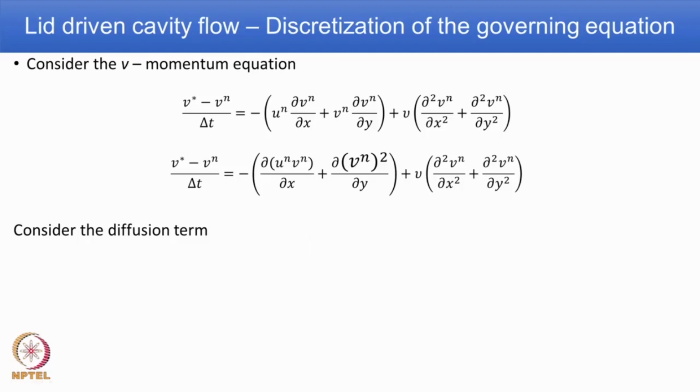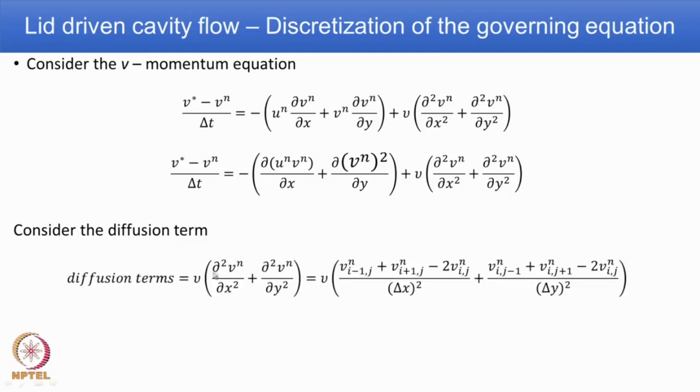Consider the diffusion term first. So, the diffusion term, that is nu times dou squared by dou x squared of V n plus dou squared by dou y squared of V at the nth level, and we are using a second order central differencing scheme. The first term is for the x direction. So, we have V at I minus 1 comma j, I plus 1 comma j, minus 2 times V at I comma j, evaluated at the nth level, divided by delta x squared.